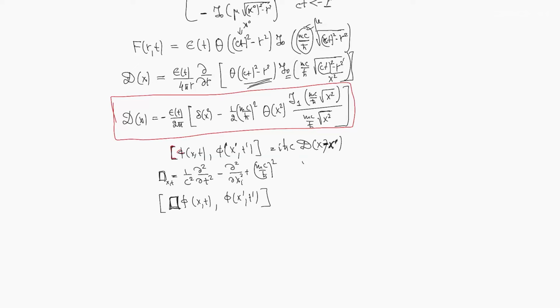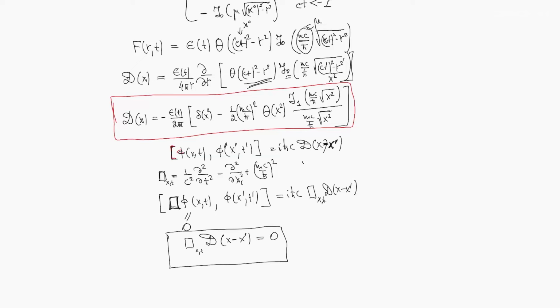And therefore, on the right-hand side, you find that the result of applying the box with respect to the coordinates x and t to the Pauli-Jordan function also gives you 0. So in fact, what we have obtained is also an explicit solution of the Klein-Gordon equation. This is a particular solution of the Klein-Gordon equation, which reflects this causality principle.